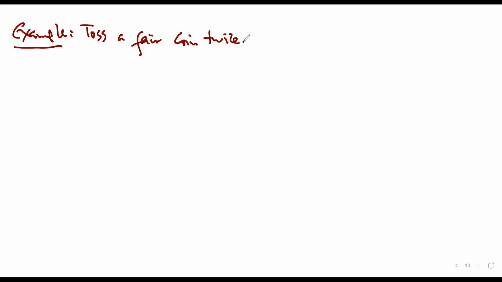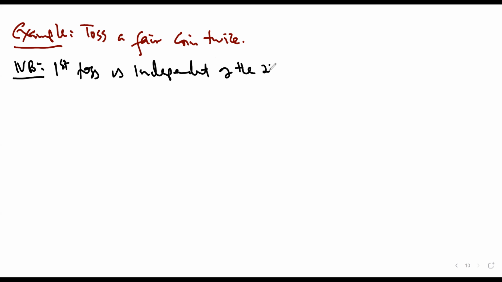So it is reasonable to imagine that the two tosses are independent events. Note that the first toss is independent of the second toss, and vice versa.